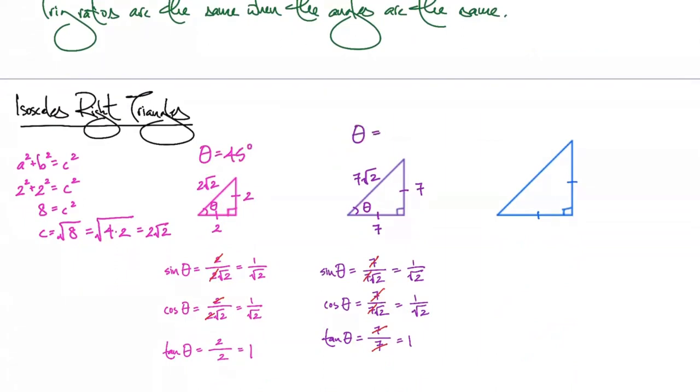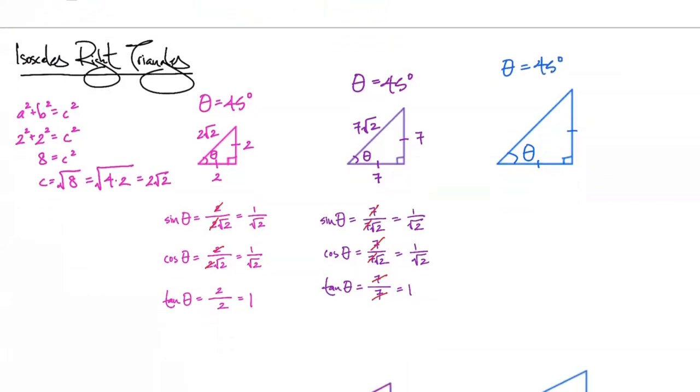Theta in the purple triangle is also 45 degrees. If this is also an isosceles right triangle and I call this theta, how big is theta in the blue triangle? 45. Yeah, 45 degrees. Okay.